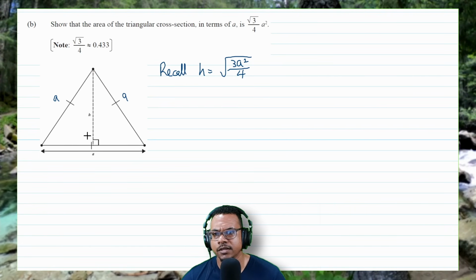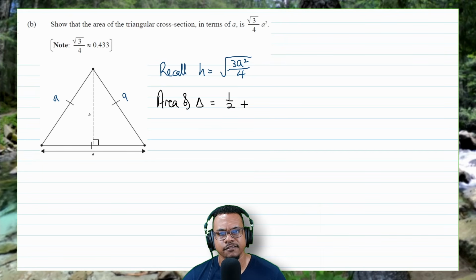So the area of the triangle is equal to a half times the base, which is a, times the height, which is the square root of 3a squared over 4.